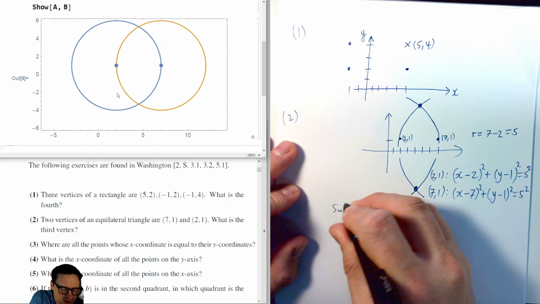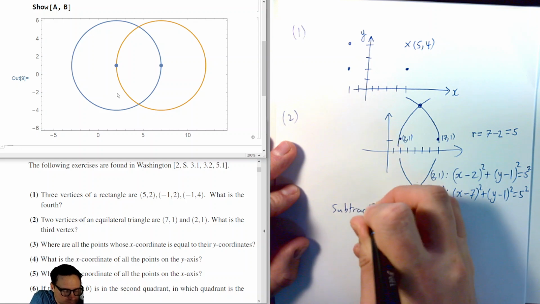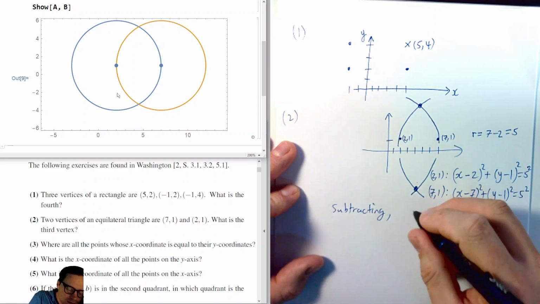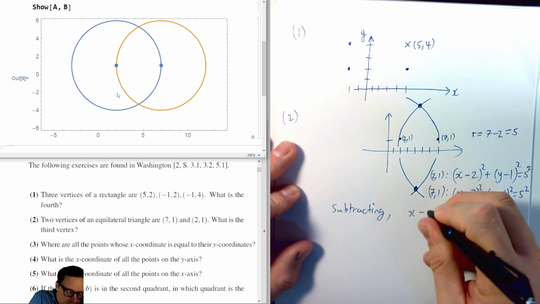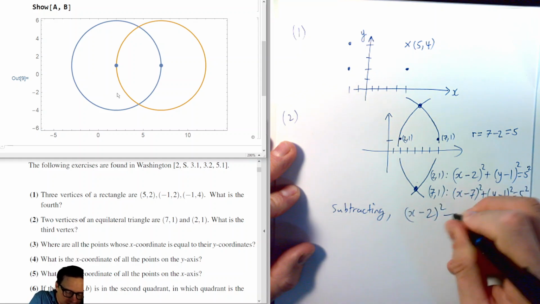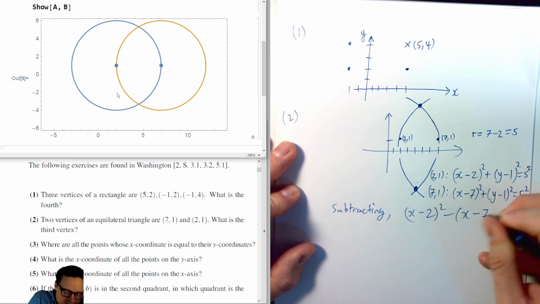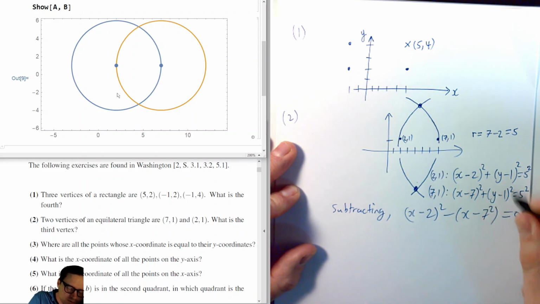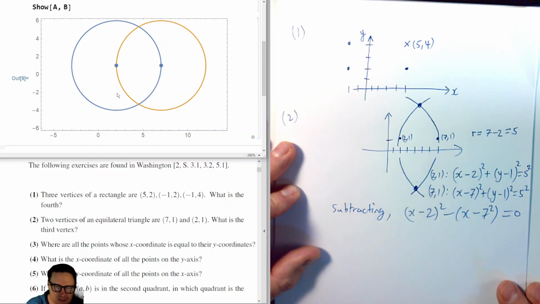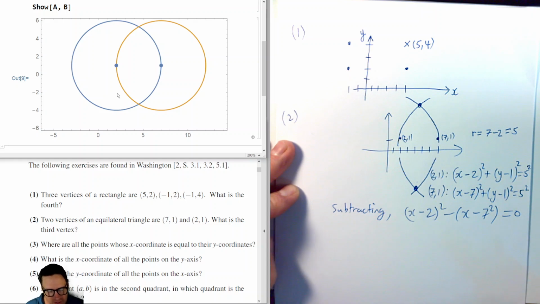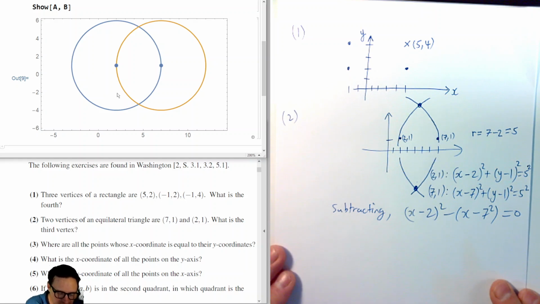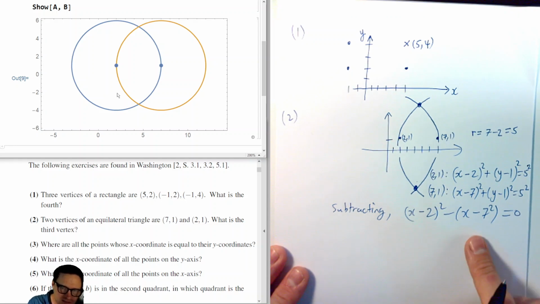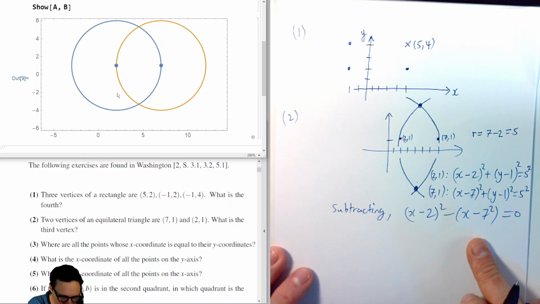Okay, so subtracting, (x - 2)^2 - (x - 7)^2 has to be equal to 0 because these terms vanish. And so we can expand and factorize this. But actually you can see that this is a difference of 2 squares. So the factorization is clear without first expanding.